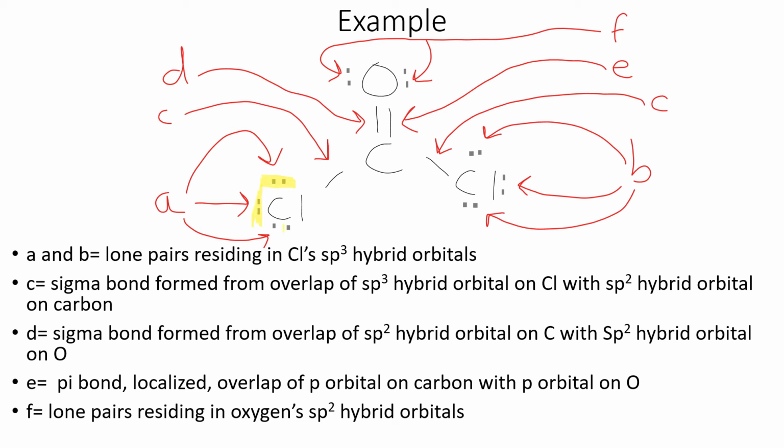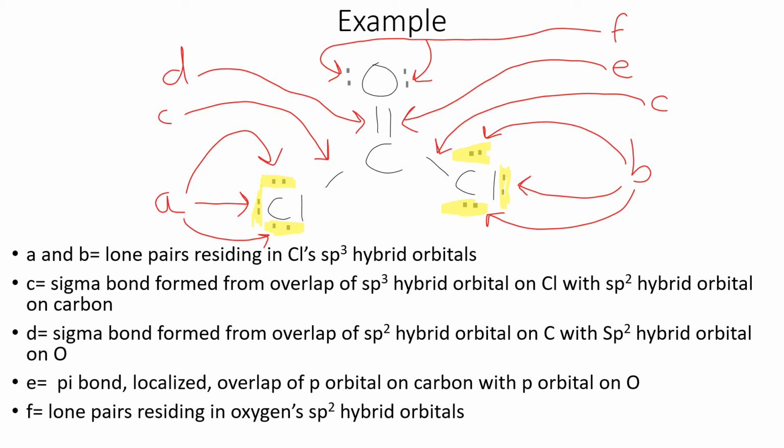What we're looking at are the lone pairs that exist on the chlorine. How could we describe what's happening with those electrons in as much detail as possible? Well, for chlorine, how many electron groups do we have? We have 4 electron groups. Those lone pairs are going to reside in hybrid orbitals.